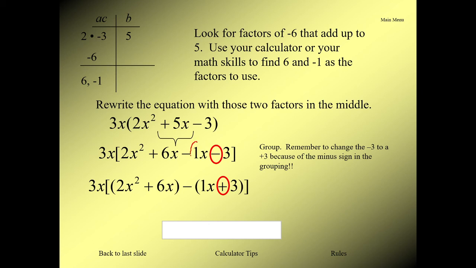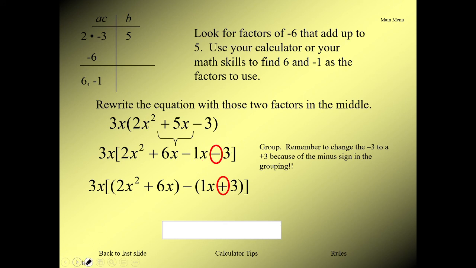When we group them with parentheses, everything changes. When we put a plus there, we put 1. So negative 1 times 1x is negative x. Negative 1 times positive 3 is negative 3. So that satisfies our equation.